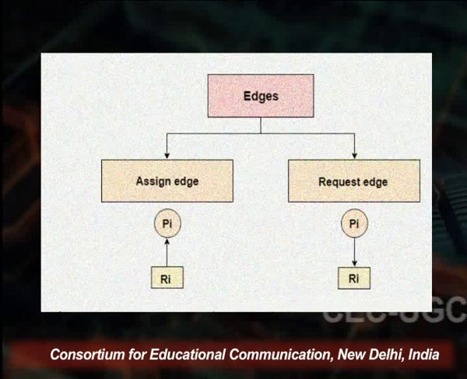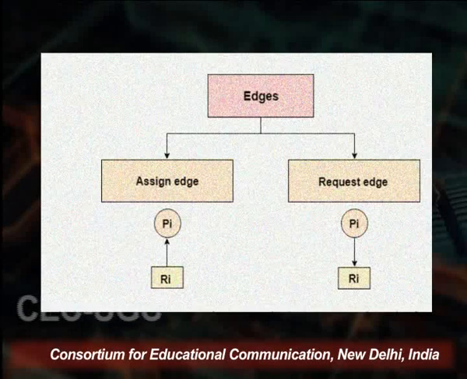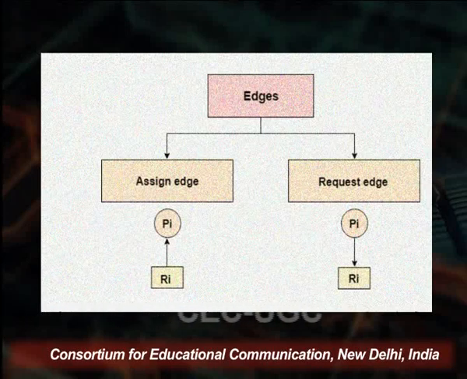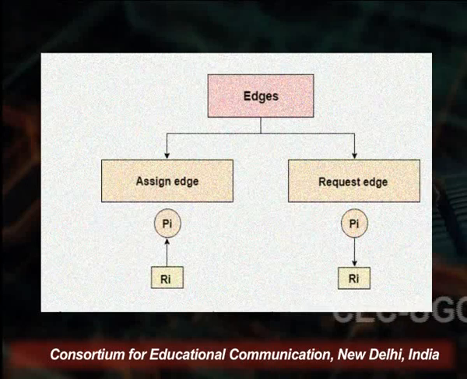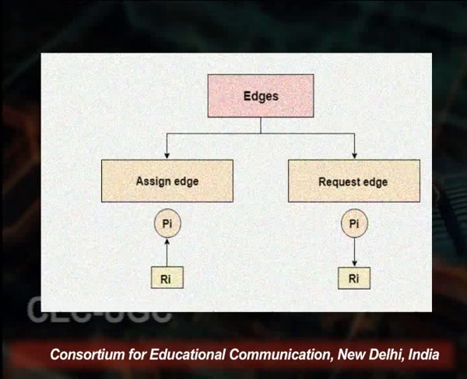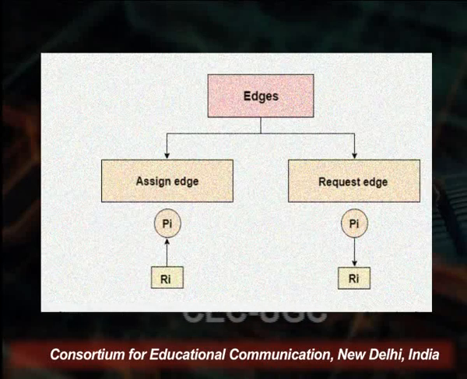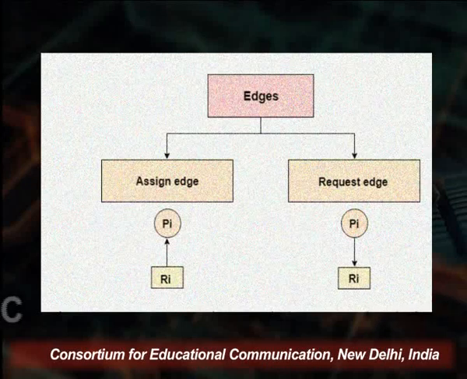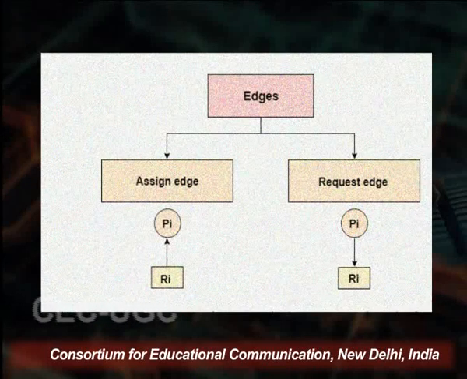The assignment edge goes from R1 to P, with the arrow pointing towards the process, while if the process is requesting the resource, it has not been assigned, so the arrow goes from P to R. So this is the significance of directions. The directions of the edges show whether the resource has been requested or already assigned. So 2 different things here.